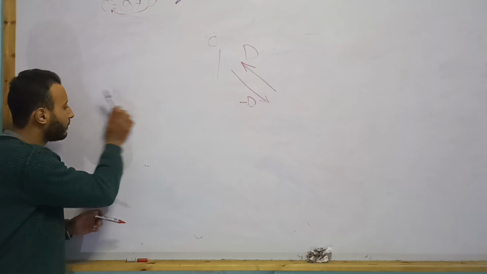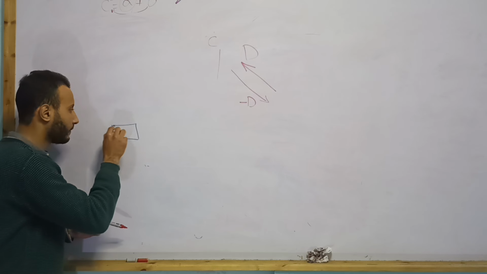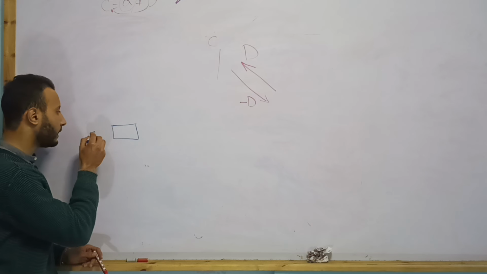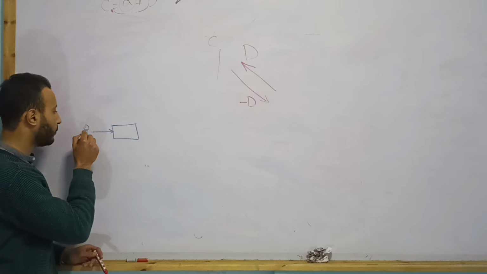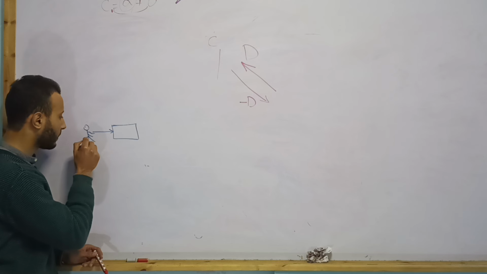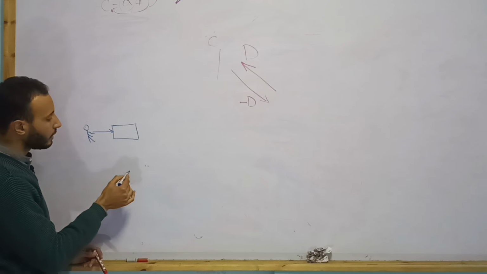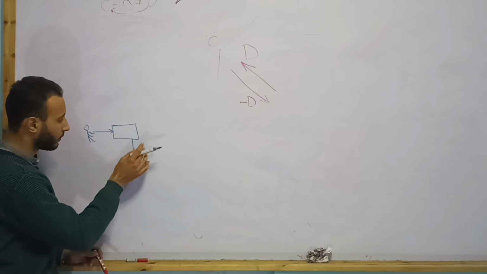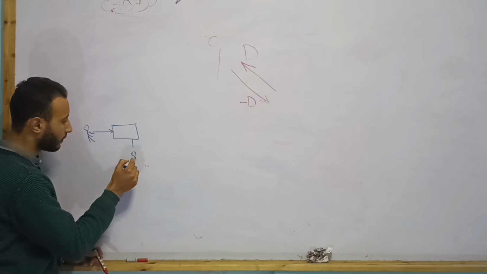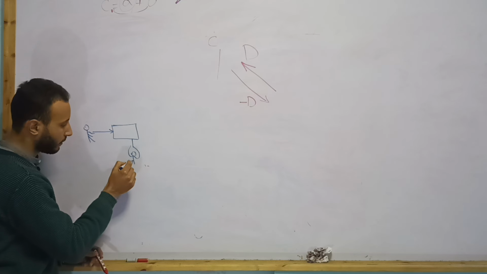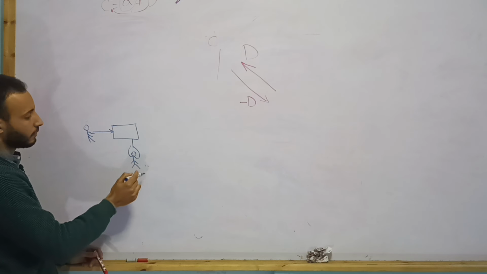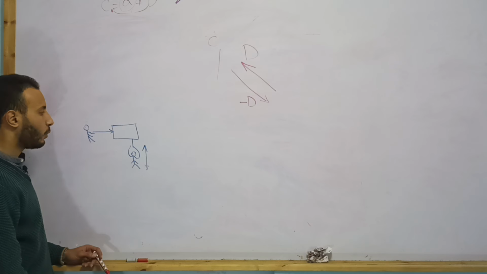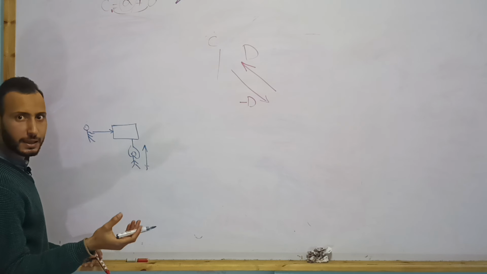If you have a table like this, and someone is pushing this table from here, and another one is pushing like this, upward, and this to the east, can you tell me where is the resultant, or how can this table move?